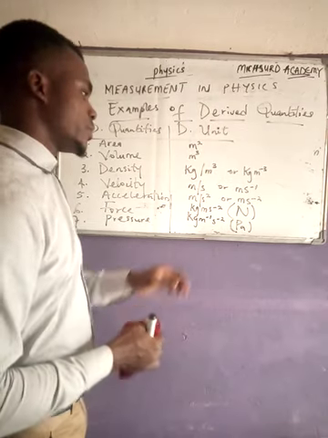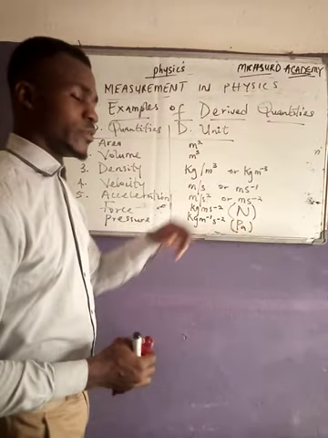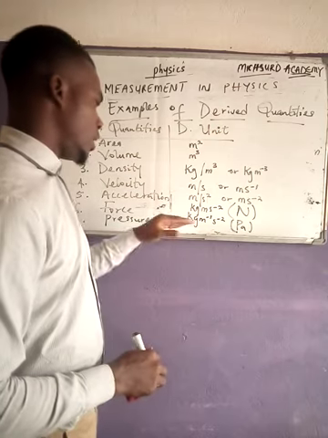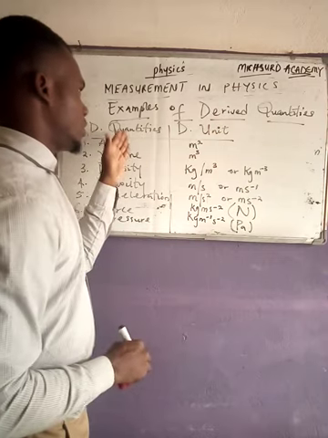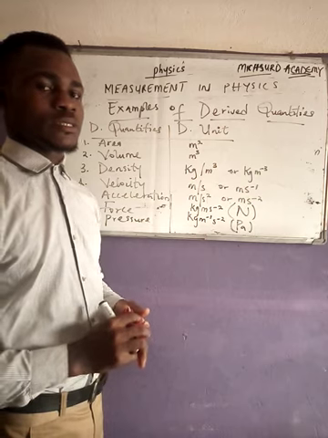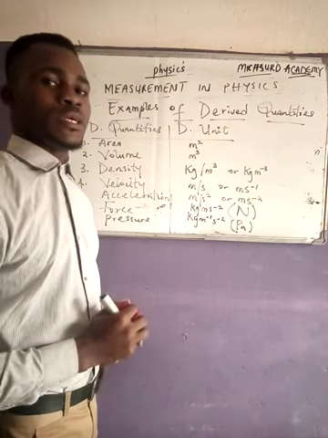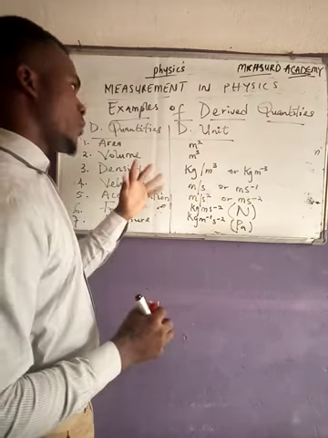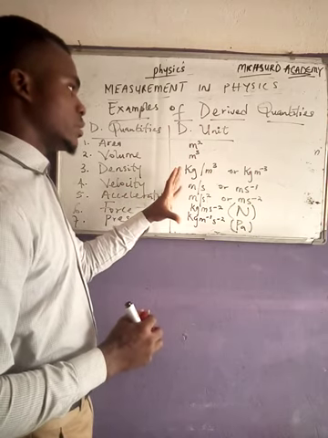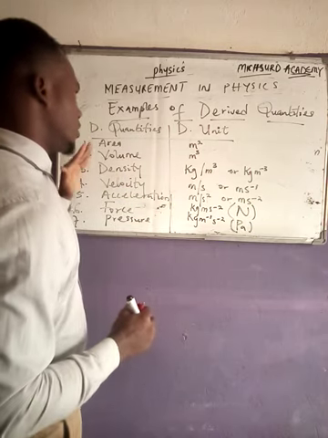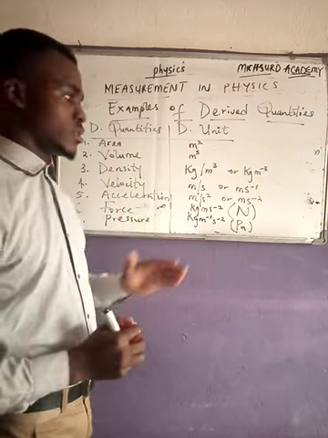Okay. So we use Pa to abbreviate Pascal. So these are some of the derived quantities. We have so many of them, but these are the ones that I can list out for us now.